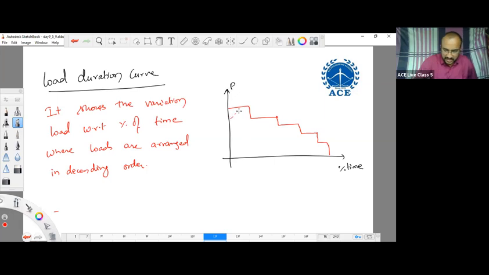Here, the area under the load duration curve also gives the total number of units that are being generated. Area under the load duration curve also shows what? The total number of units generated. Here the loads are arranged in descending order.